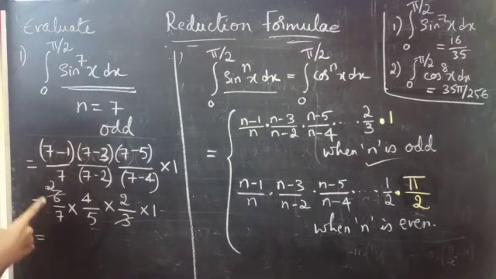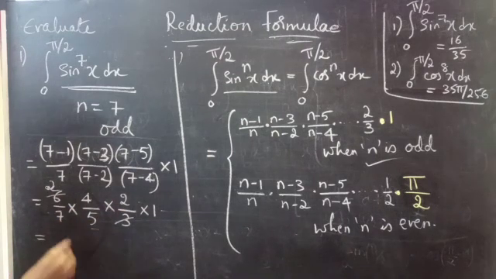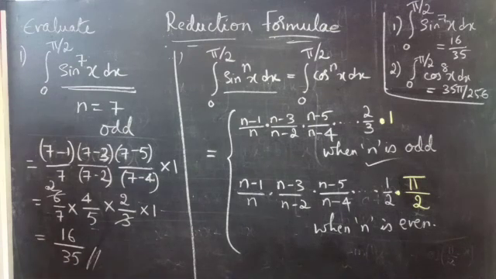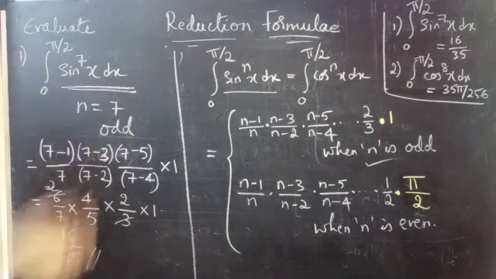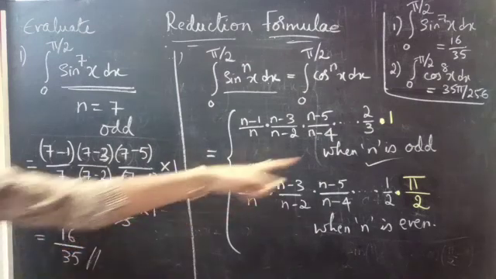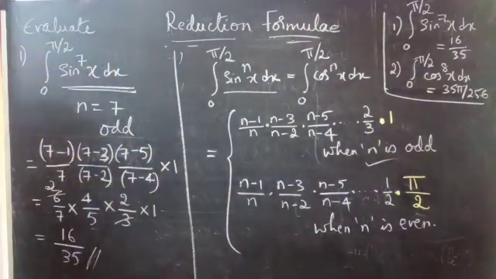Next, 2 4s are 8, 8 2s are 16. In the numerator you get 16 over 7 5s are 35. So the value of integral 0 to pi by 2 sine power 7x dx is 16 by 35. We have included 1 since 7 is odd.